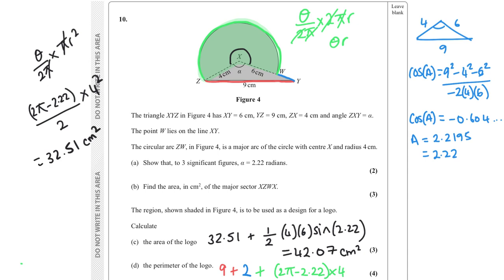Now, I'm going to put that whole thing into my calculator, and you can see how I've broken it up. 9 plus 2 plus bracket shift pi times 2 minus 2.22 times 4. 27.25 centimetres. And there we have it.